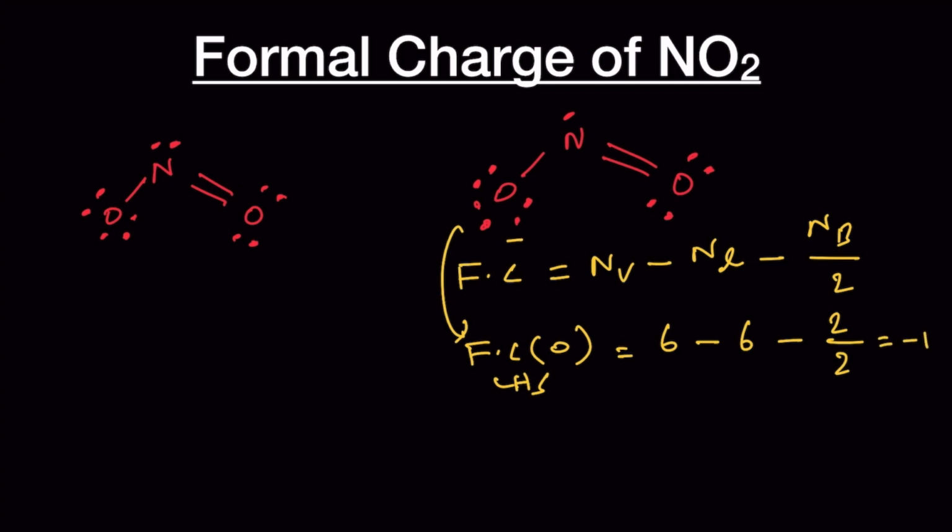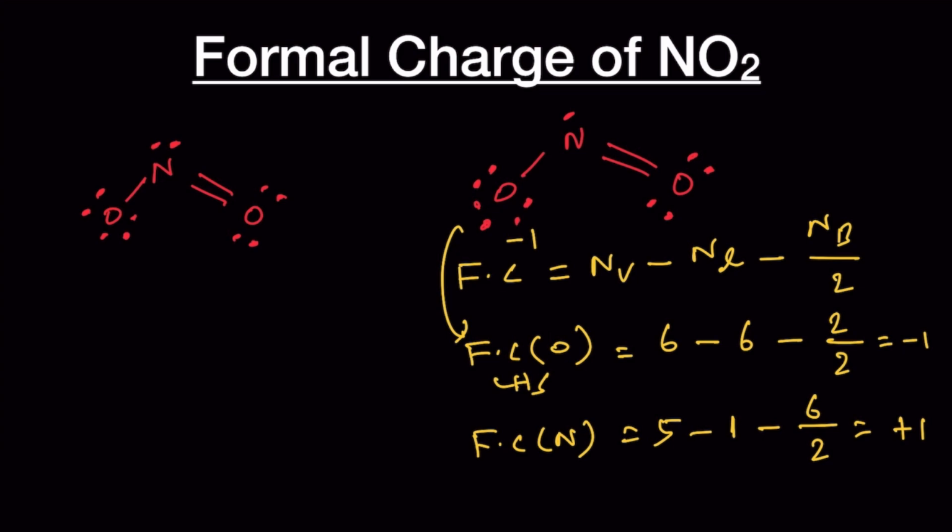So, we have a minus 1 formal charge for this oxygen atom, and then the formal charge for nitrogen atom is equal to 5 minus, we have only 1 electron, half a lone pair, therefore only 1 electron, minus we have 3 bonds, therefore 6 by 2, and this will be equal to 4 minus 3, therefore that will be plus 1.